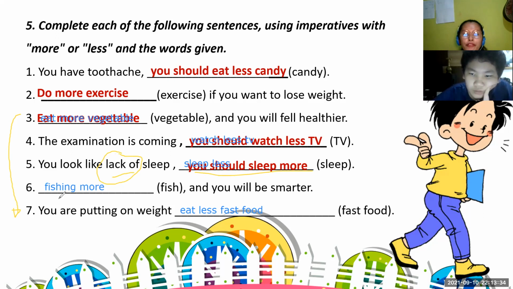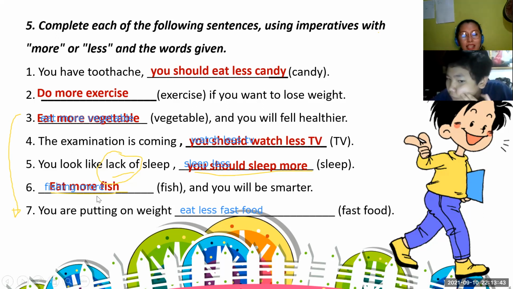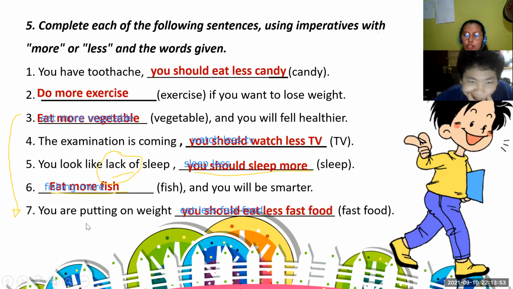Another one. Your answer is fishing more, and you will be smarter. The answer for that is eat more fish, and you will be smarter if you're always eating fish. And for 7, you are putting on weight, so you should eat less fast food.